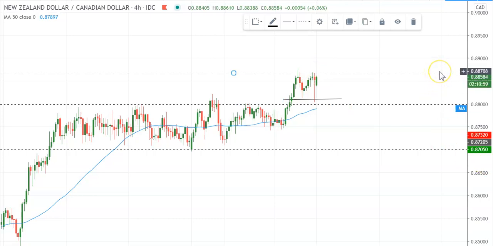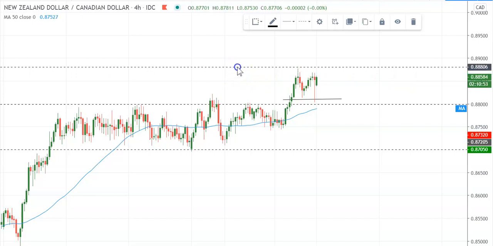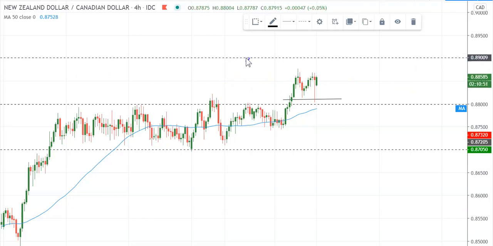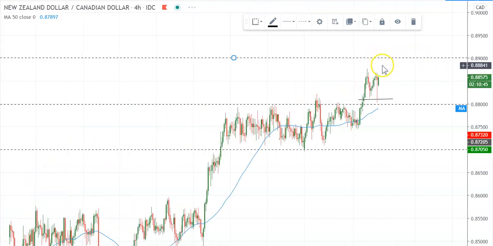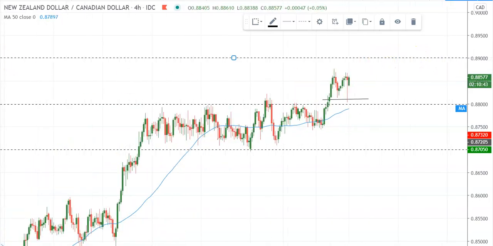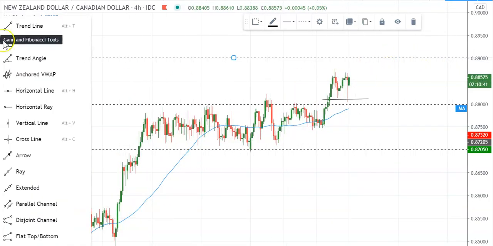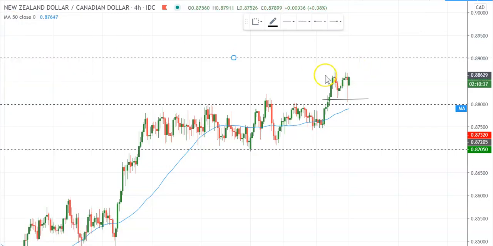This 189 I'm looking at is the key number for this pair. It's way up in here. If you get a break of this little area here, I will look to maybe just add to it and target this 189.